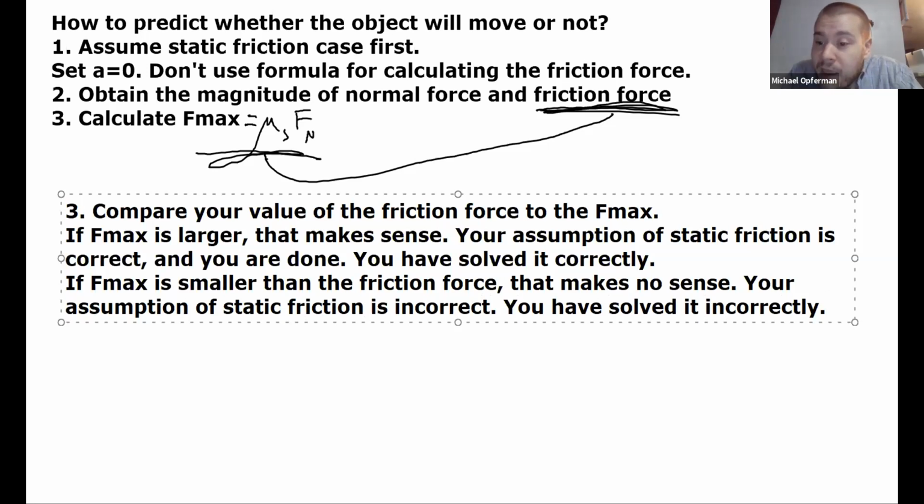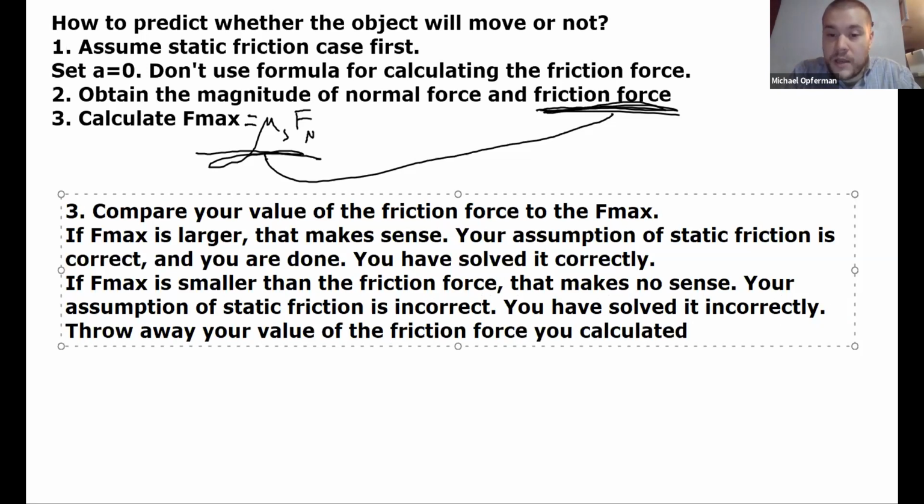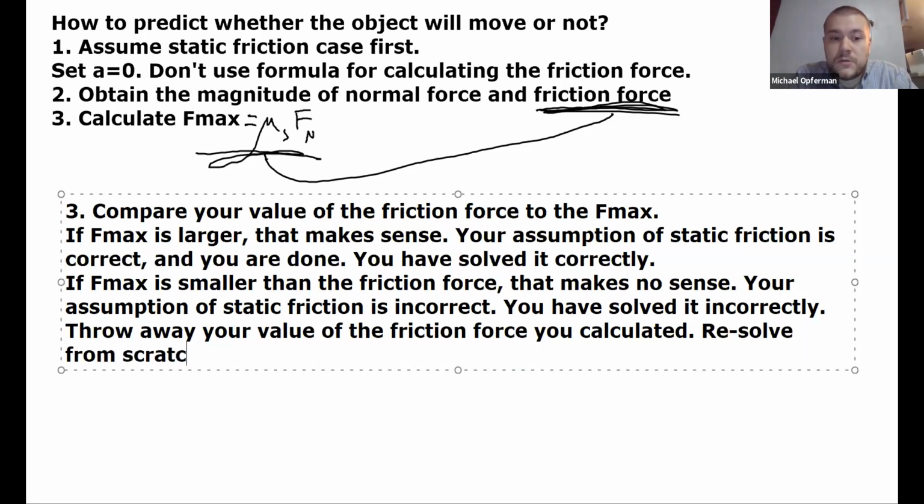But that's okay, because now you know that you've solved it incorrectly, and you can go back and correct your work. How you do that is you throw away your value of the friction force that you calculated, because we just proved it's not right, and you resolve the problem from scratch under the assumption of kinetic friction.